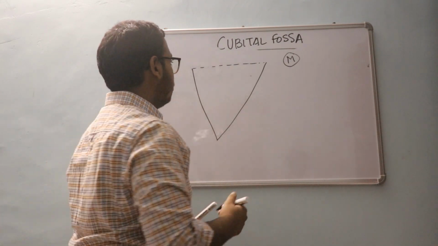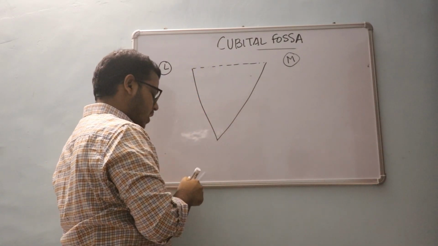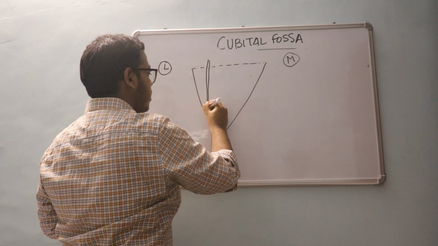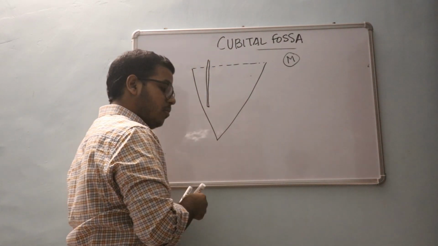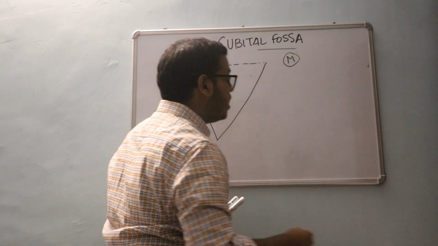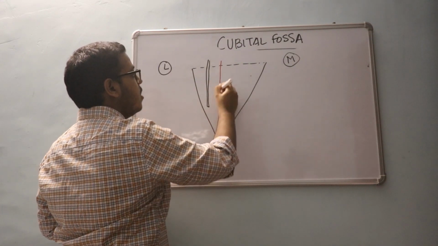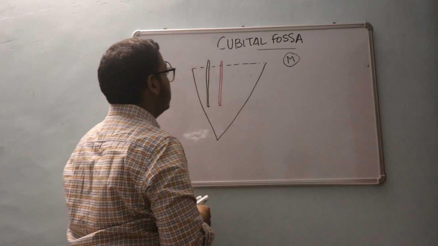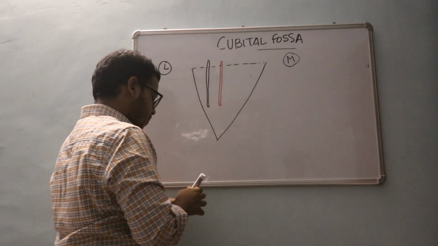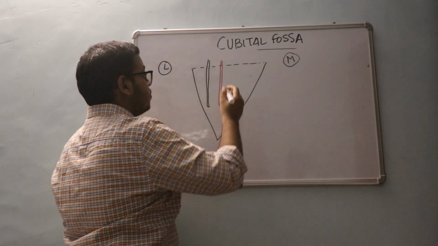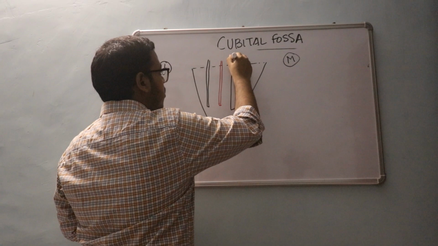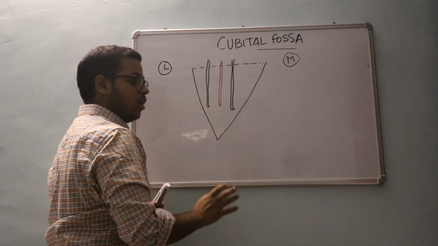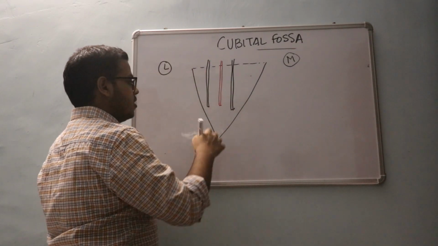So on the lateral side what we have is the tendon. Next we have the artery, and the last but not the least is the nerve. Definitely these things do not terminate over here; I have just made it like that.